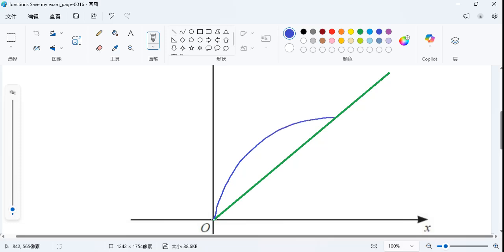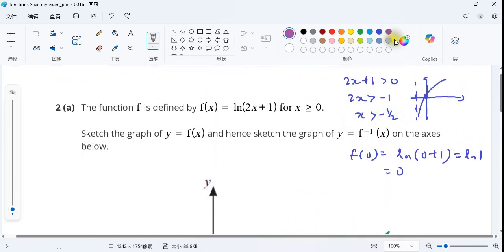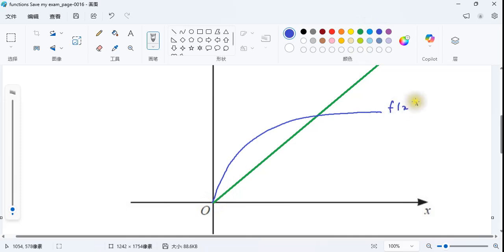So this is the f(x), and then the f inverse is like this. Okay, yes, correct. So f(x) is like this, and then the f inverse will be like this. This is the f inverse of x.